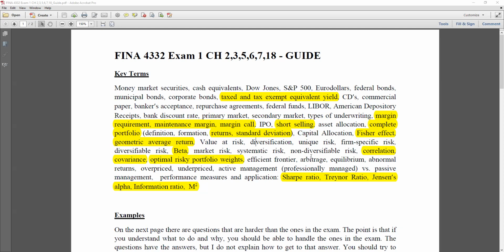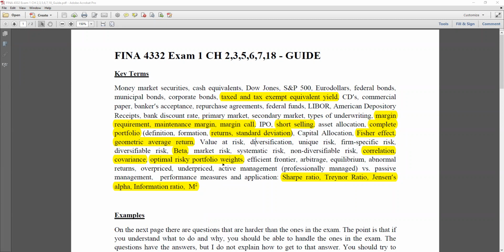This will make a little more sense when we go through the practical exercises in the other video. If you have one or two of these formulas, you will be able to calculate the missing one. But what you're not going to calculate is the long version of correlation or the long version of covariance. It's going to be pretty much the short formula that has correlation, covariance, and beta, and you just turn the formula around to find the missing one.